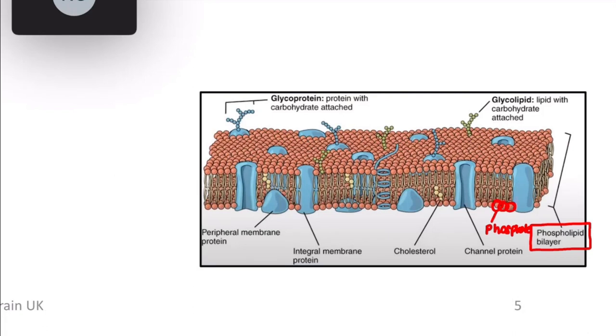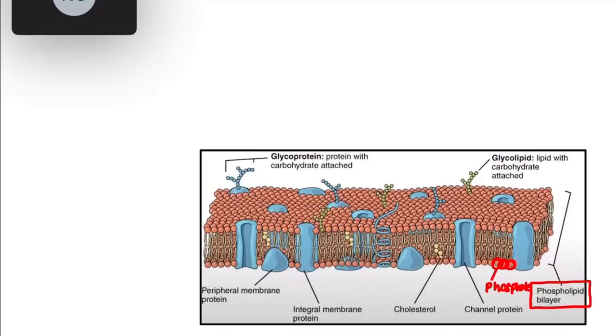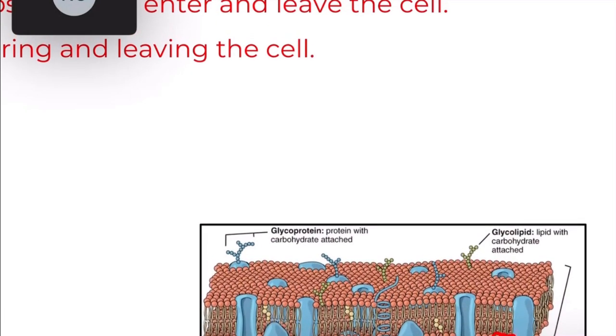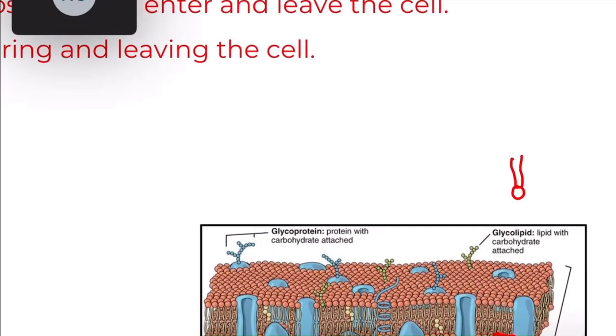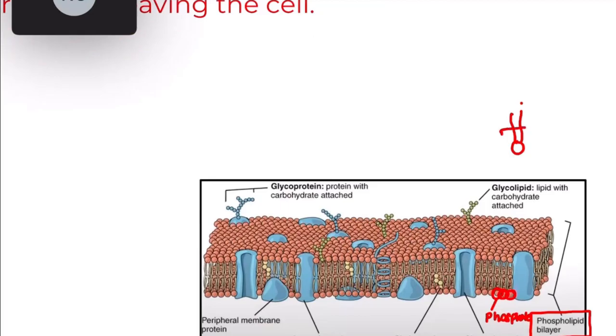And the lines which are pointing inwards are representing the fatty acids. If we zoom in on that structure, we have something like this. These are your two fatty acid tails. And remember, fatty acids can only interact with fats, they can't interact with water.